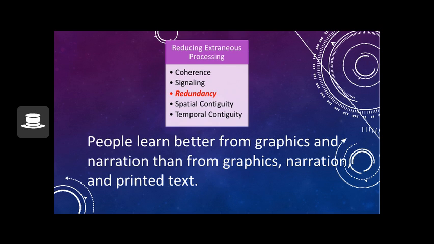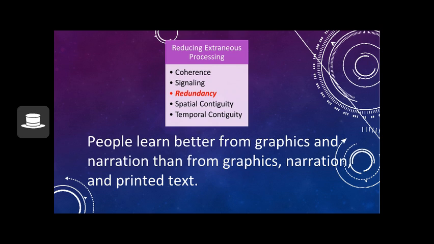As well, however, this is not to say that we should never present printed and spoken text together. There are what they call boundary conditions for this principle, which suggests that the redundancy principle might be a little less applicable when the captions are shortened to just a few words and placed next to the part of the graphic that they describe.